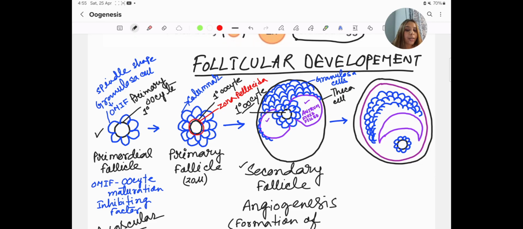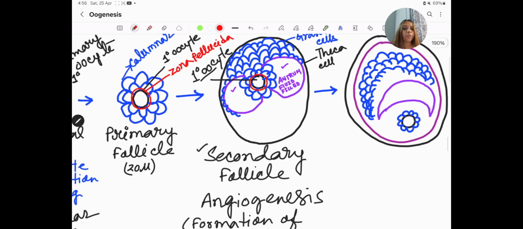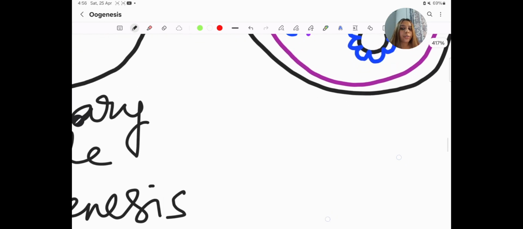These blood vessels do not penetrate the primary oocyte and these granulosa layers. There are many layers of granulosa cells, but the first line of granulosa cells is avascular. One thing I want to mention here also is the zona pellucida layer, which becomes more prominent in the secondary follicle. So let's see what happens in the last phase, that is the tertiary follicle.